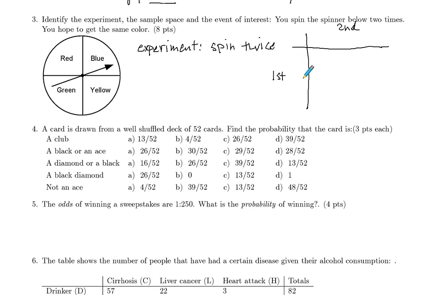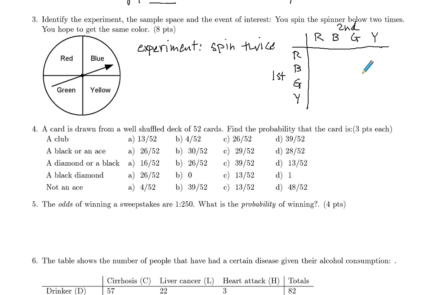So first spin is going to be red, blue, green, or yellow. And second spin, the same possibilities: red, blue, green, yellow.